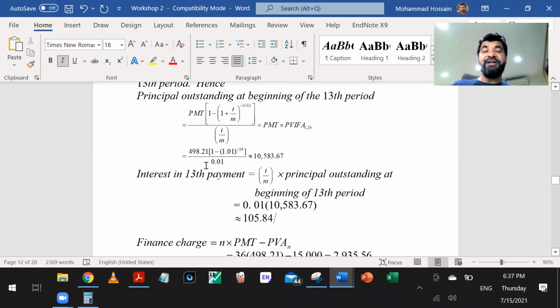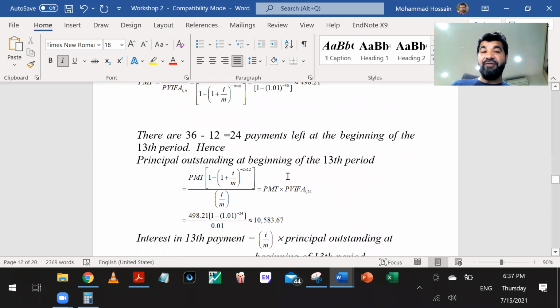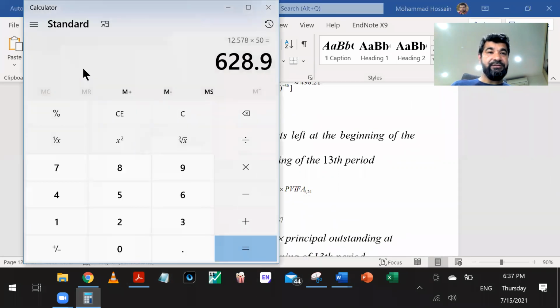This is going to be the 13th payment. How much payment is outstanding? The payment is 498.21. So let's do it.